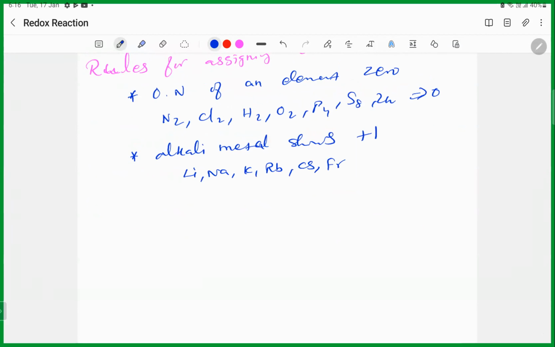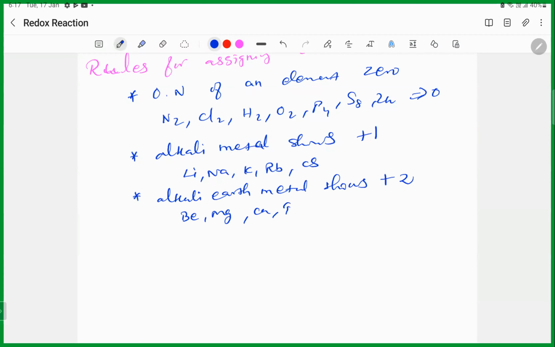Generally, we will discuss up to cesium. We will leave francium because it's radioactive. And then alkaline earth metals show +2 oxidation state: beryllium, magnesium, calcium, strontium, barium.